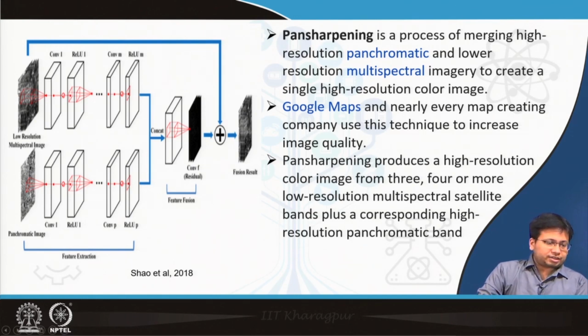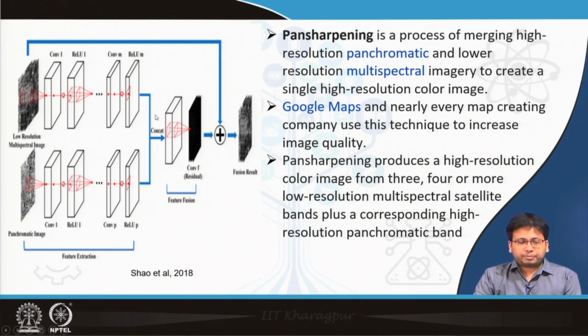In this case, this is the multispectral image, this is the panchromatic image. As you can see, this is multiple channel, but this is a single channel. Here also there is a series of convolution layers which produces some kind of an intermediate representation. Here also there is a parallel but different convolution neural network which produces an intermediate representation.